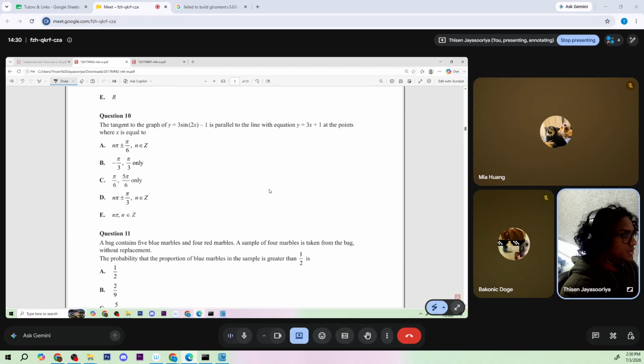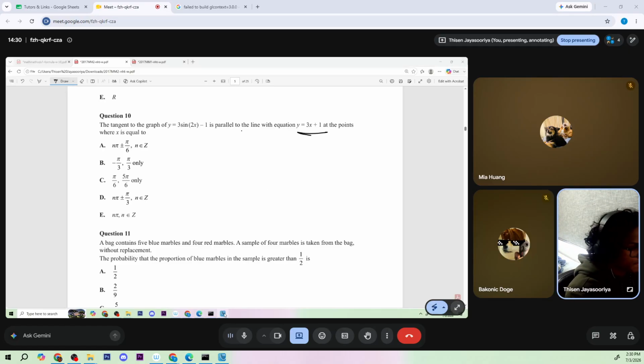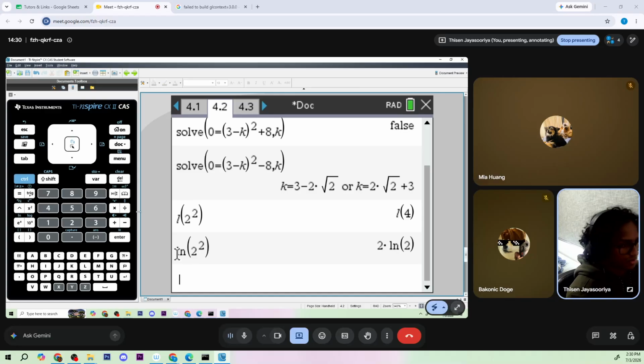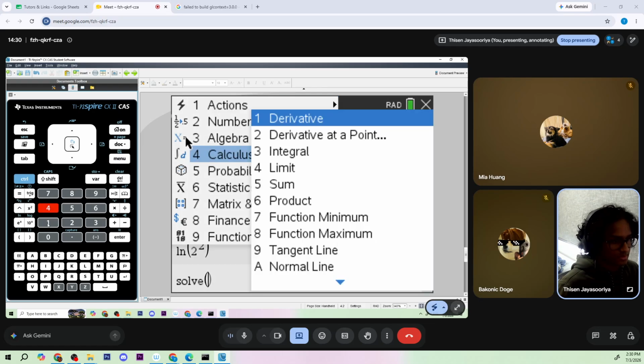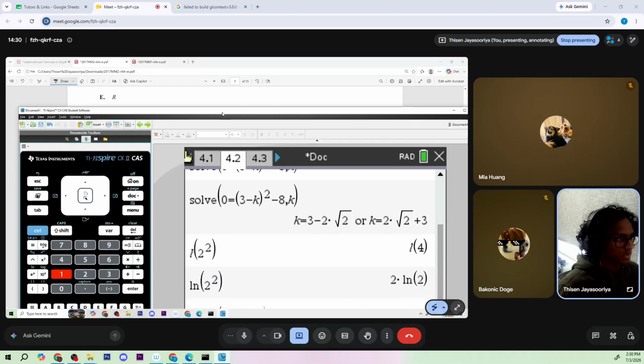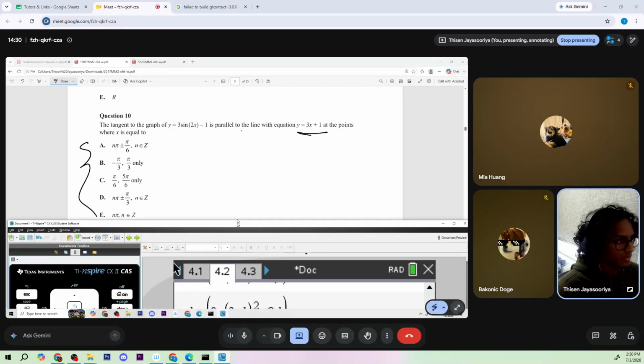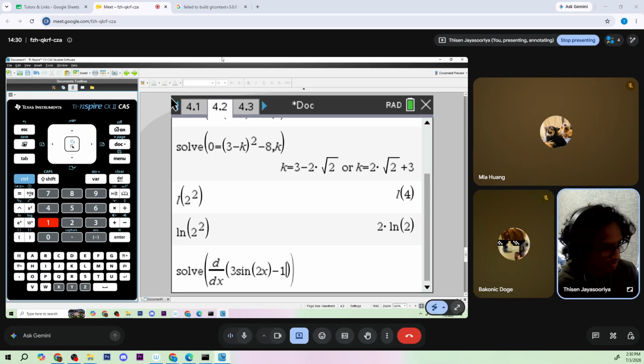Here, we want a tangent to be parallel to this line, and it wants me to give a general solution here. So that means I need to say that the derivative of this function, so what's this function? It's going to be 3 sine of 2x take away 1, is equal to the gradient of our line, which is 3.